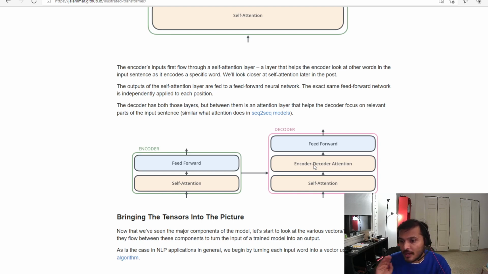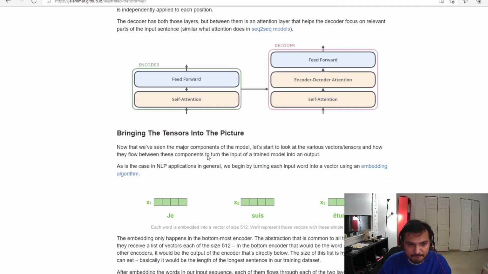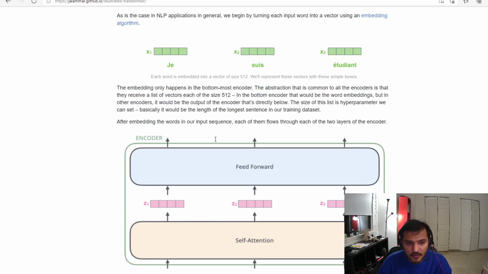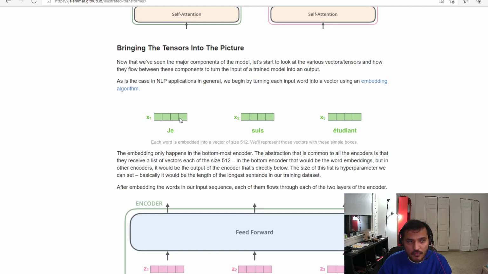The idea is that while I'm decoding each word, I need to attend to what I have decoded till now, and also the original statement, because that's how we humans understand or translate things. Okay, so first things first, because you can't feed text blindly into a network, you need to convert text into some kind of numeric representation of some vector width.